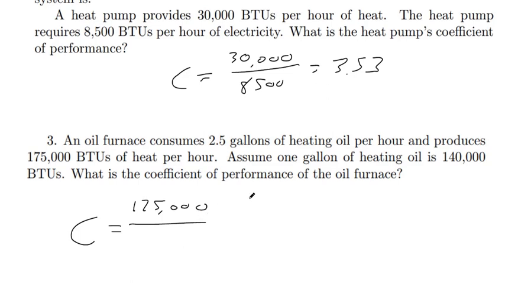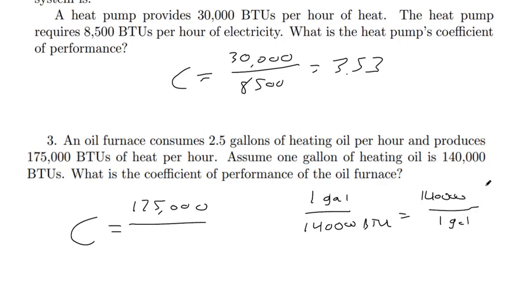But what we can do is convert 2.5 gallons into BTUs, because they said 1 gallon is equivalent to 140,000 BTUs. That's the ratio. Or we could say equivalently that 140,000 BTUs are 1 gallon, right? And so I'm going to use this second fraction, the second way of writing that ratio, because I want to have BTUs.